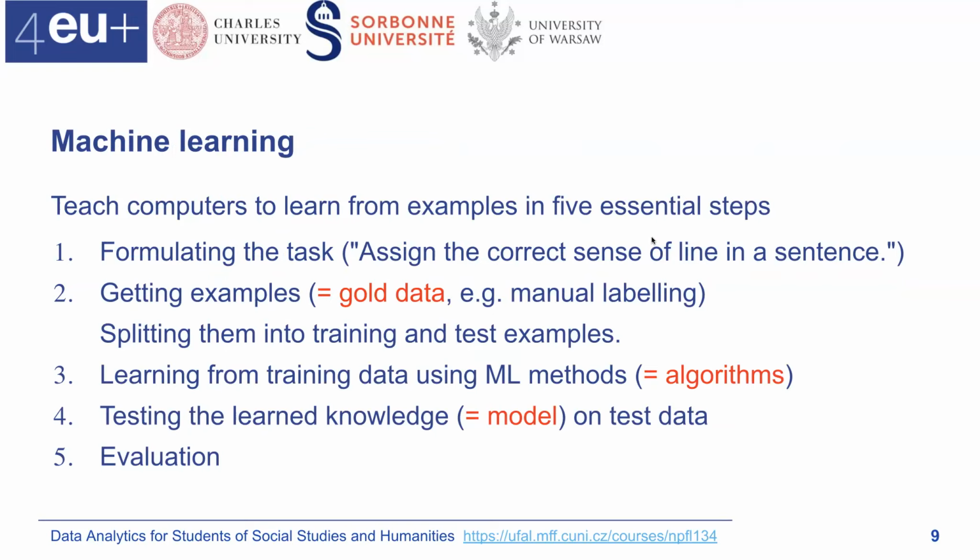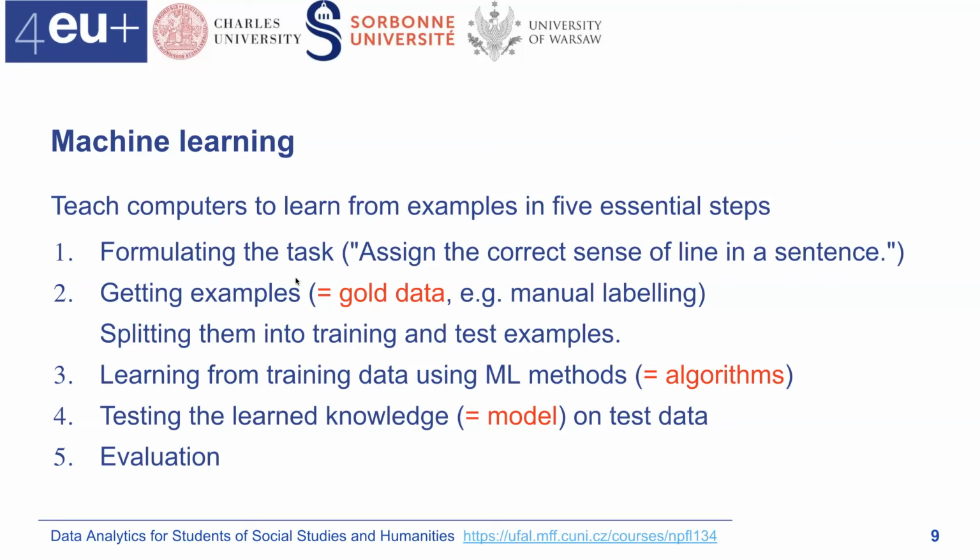We teach computers to learn from examples in 5 basic steps. The first one is to formulate the task, what we want to do. In our case, we assign the correct sense of the word line in a sentence.